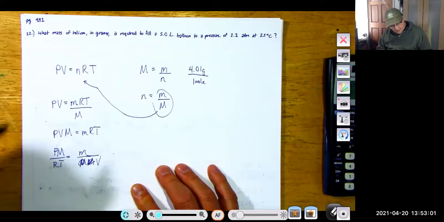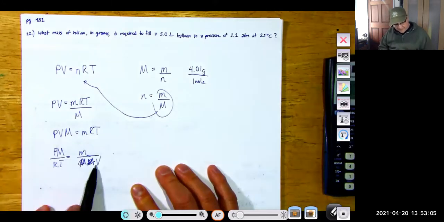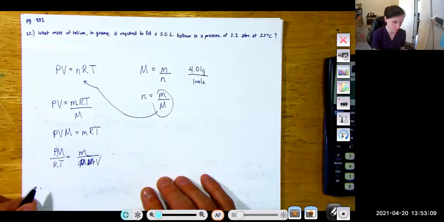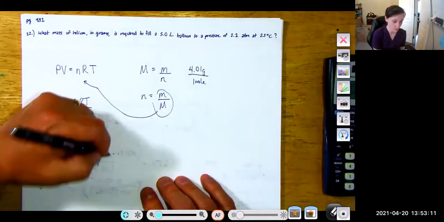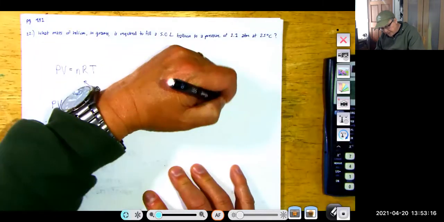So PM over RT is equal to little m over V. You with me? So that's density. The formula for density is equal to PM over RT.